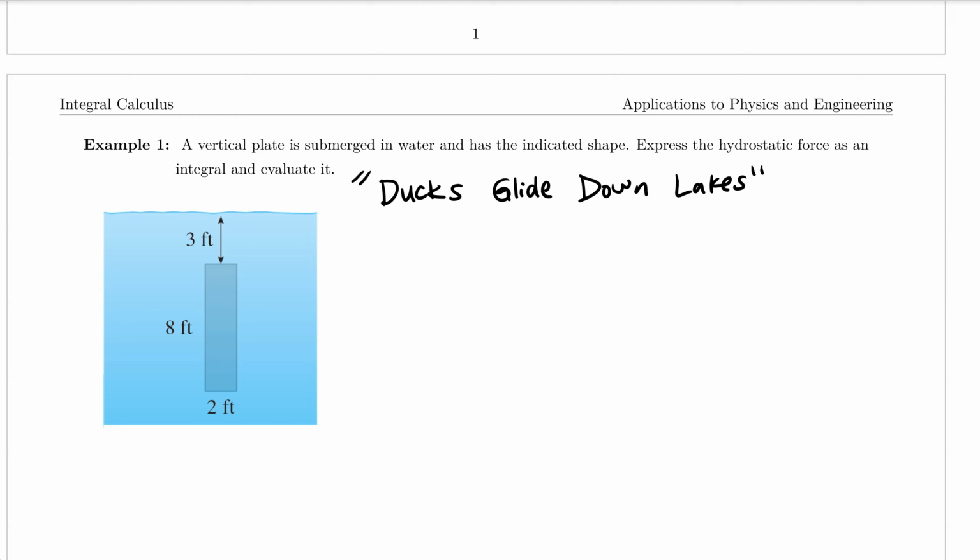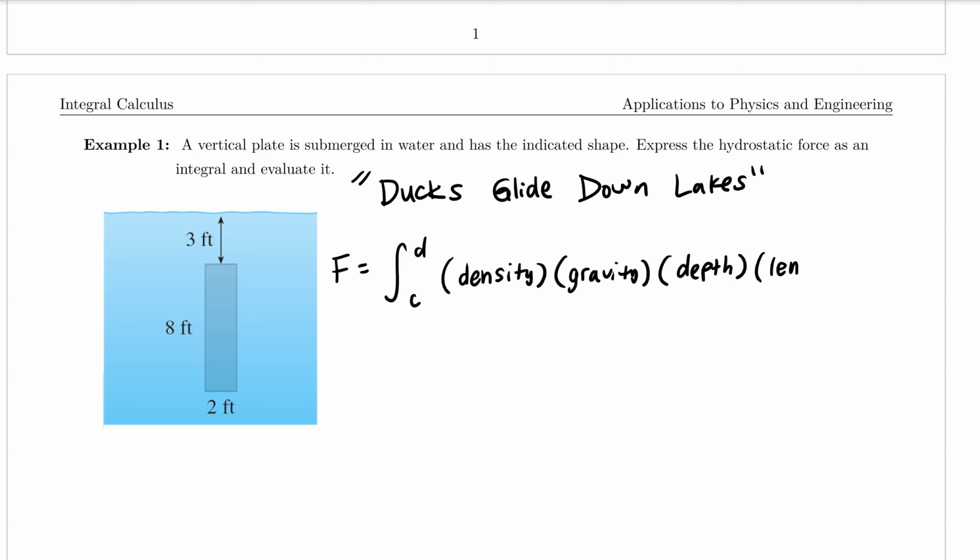So our force is equal to the integral from c to d of density, then gravity, then depth, and then the L in lakes stands for length. And we'll be integrating with respect to y.